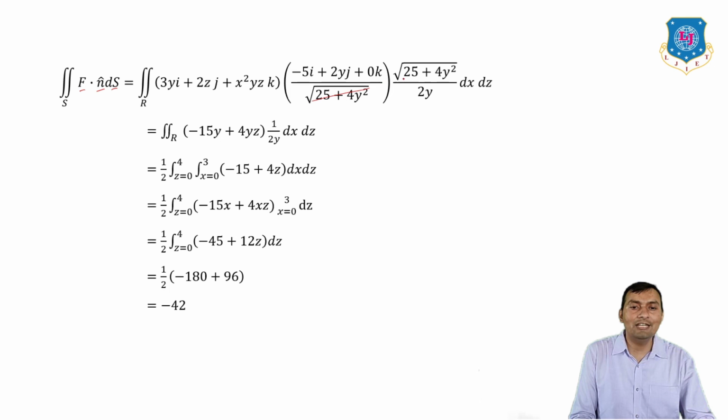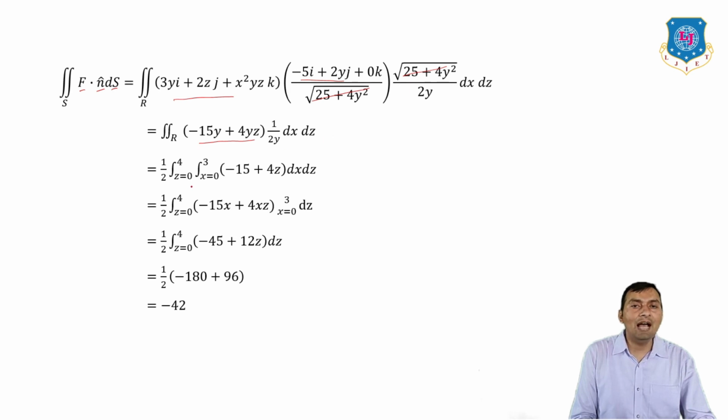Substitute all these values and you can notice that this term is going to be cancelled out. After simplifying, you can notice that 2y is also there. Whenever I take the dot product of these two vectors, it will be minus 15y plus 4yz and into 1 divided by 2y, dx dz.